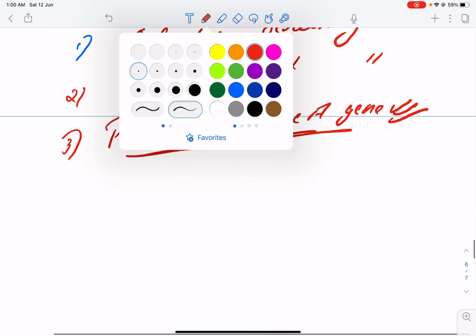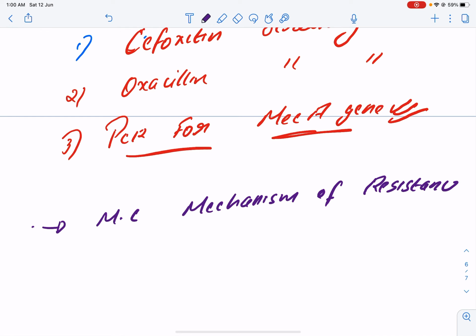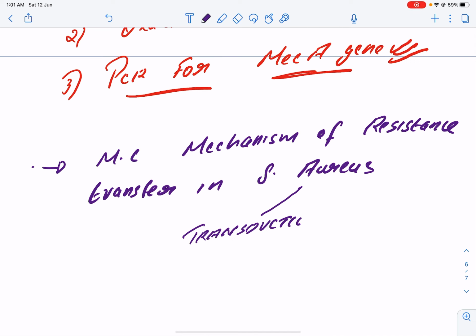Now, how do they transfer this to other species? Remember, the most common mechanism of resistance transfer in Staph aureus is transduction.